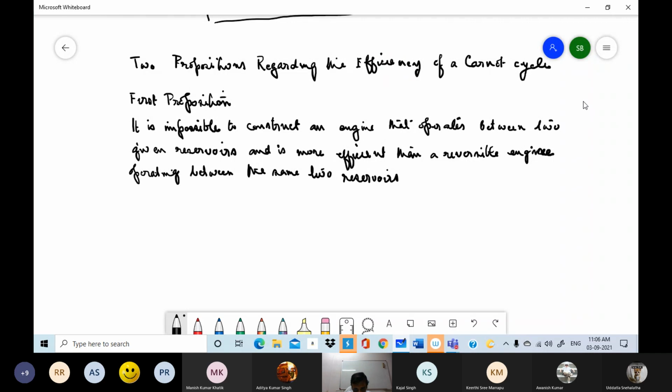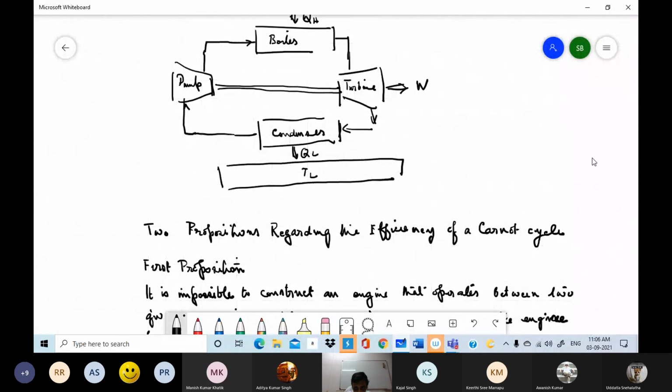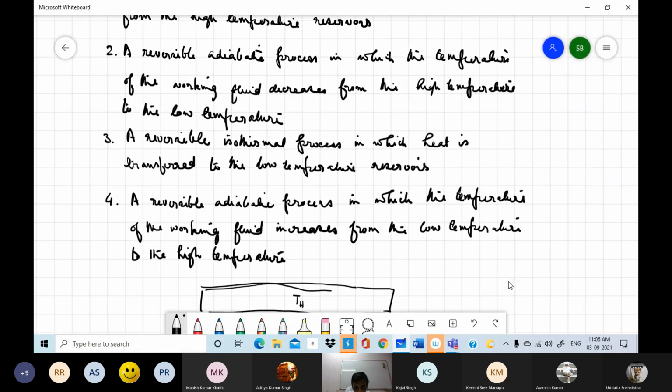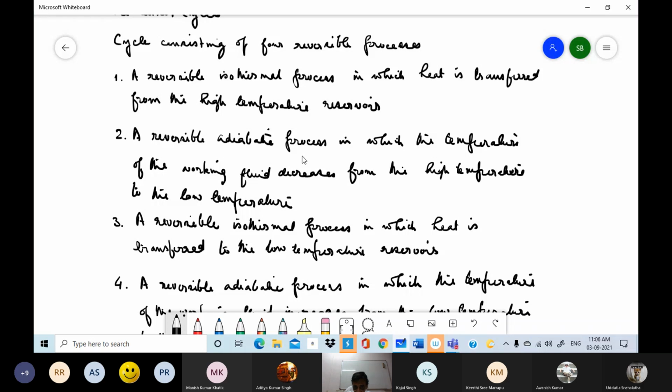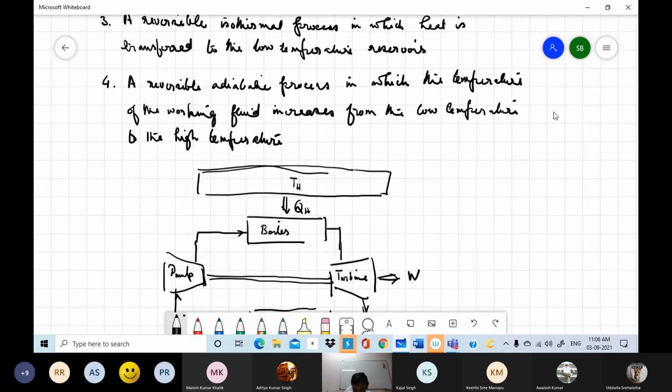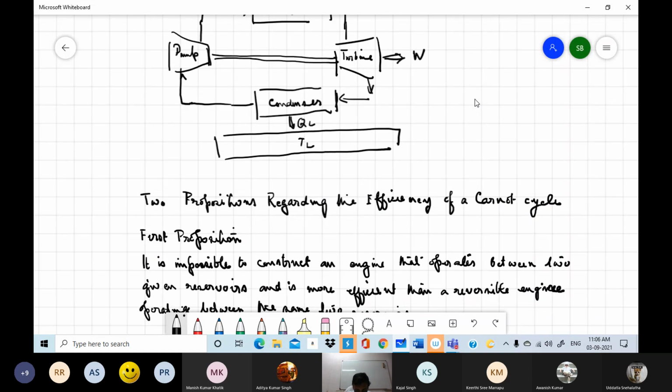Having defined reversible processes, we then stated that the Carnot cycle consists of 4 reversible processes, and all these processes are reversible.